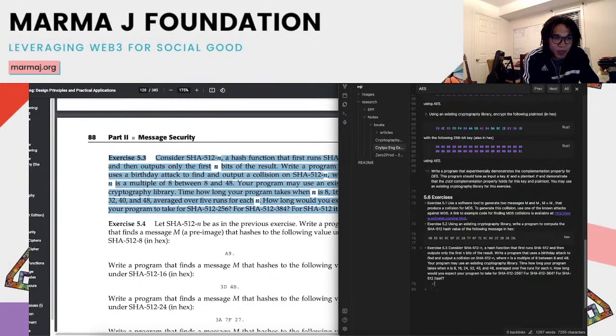So, does SHA-512-256 have more security than SHA-512-384?